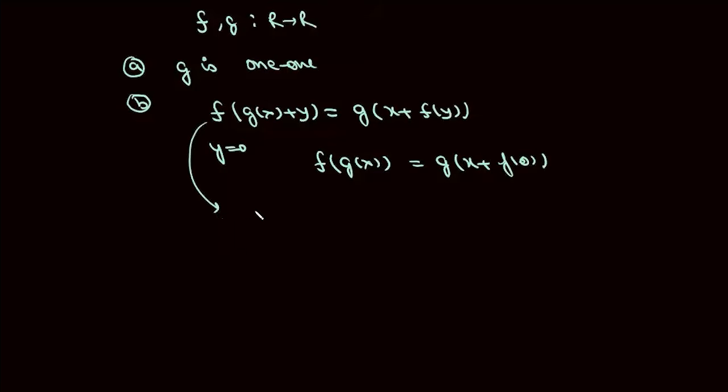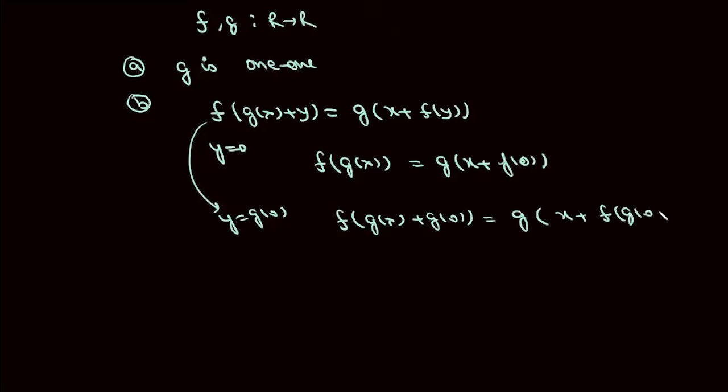And here, if we put y as g(0), we'll get f(g(x) + g(0)) will be g(x + f(g(0))). Now, f(g(0)) will be g(f(0)).